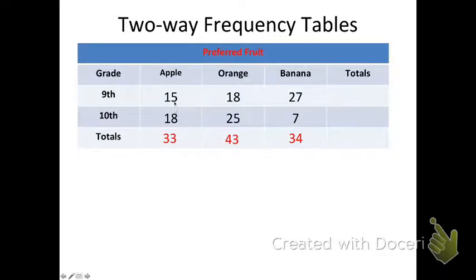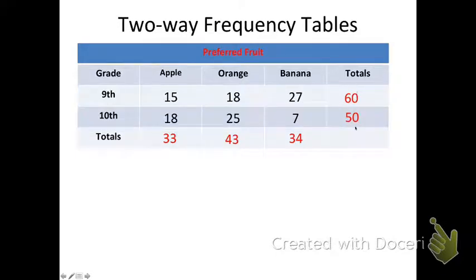Now we're going to total up the grades. So if we have 15 9th graders that like apples, 18 that like oranges, and 27 like bananas, we have a total of 60 freshmen. Likewise, if we have 18, 25, and 7, we have a total of 50 sophomores. Now this box down here in our table is the complete total.